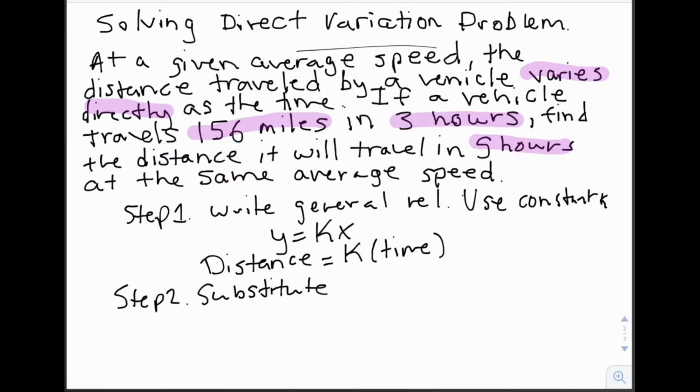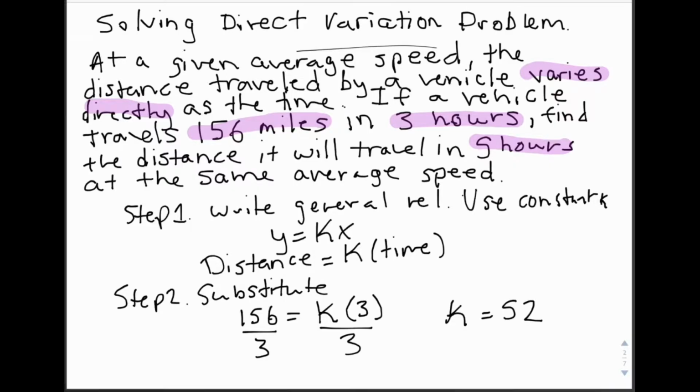So our distance, 156, is going to be equal to k, or our speed, multiplied by 3. Now, we want to solve for k here. So let's solve for k, divide by 3, and your k is going to be equal to 52.